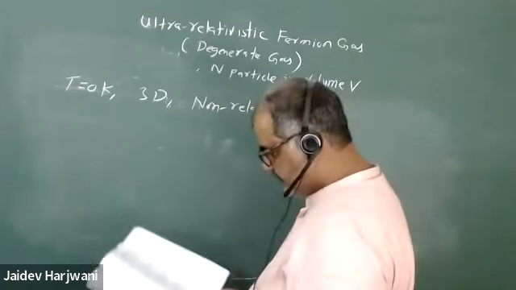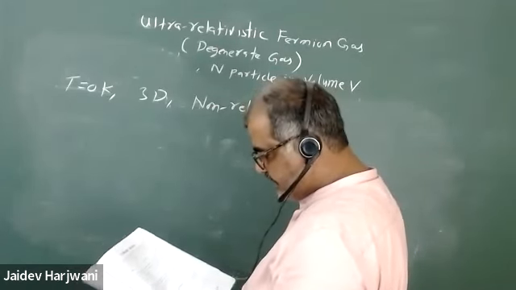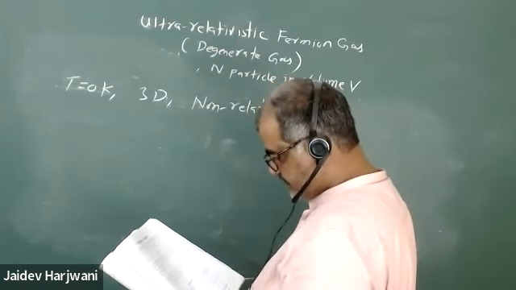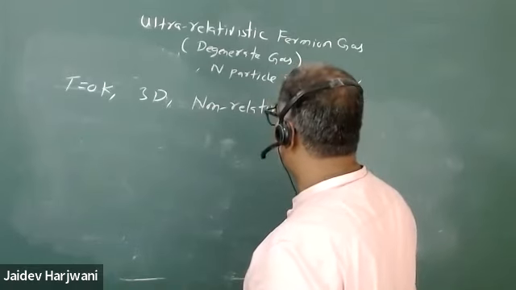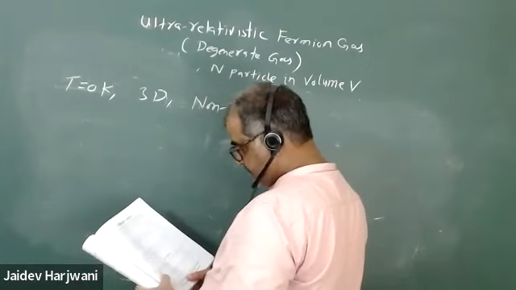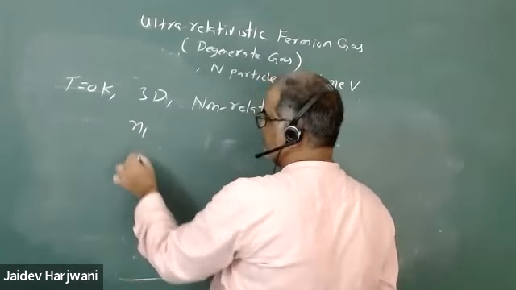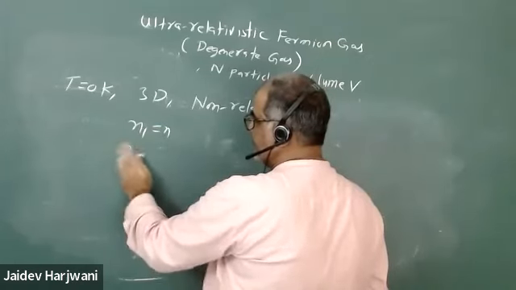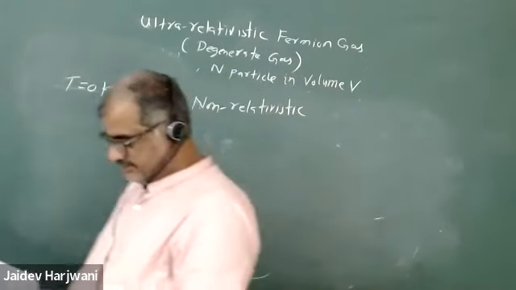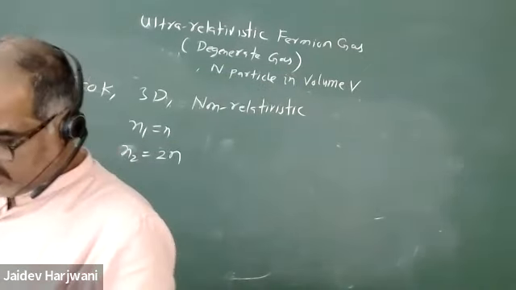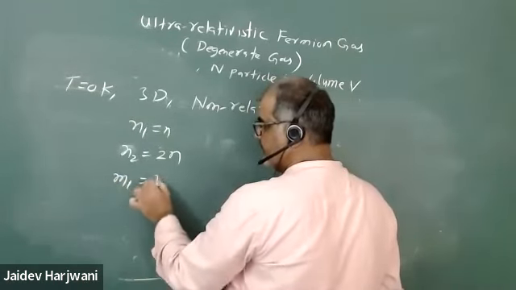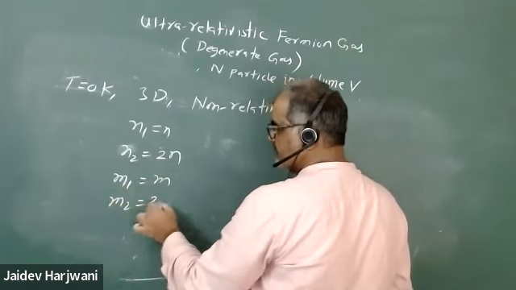Both the number density and the mass of the particles are doubled. So earlier the number density is n, then the second is n2, the number density doubled, and the mass m also doubled, m2 is 2m.